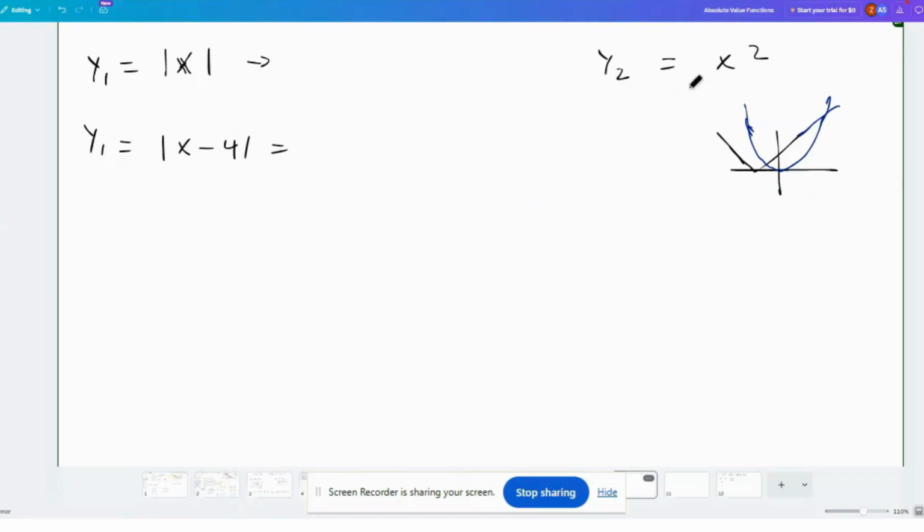But notice how when we know how to graph these easier functions, it's clearly evident, or for the most part, since x squared increases a little more rapidly than the linear behavior of absolute values, that you're not going to intersect this left side more than likely, right?